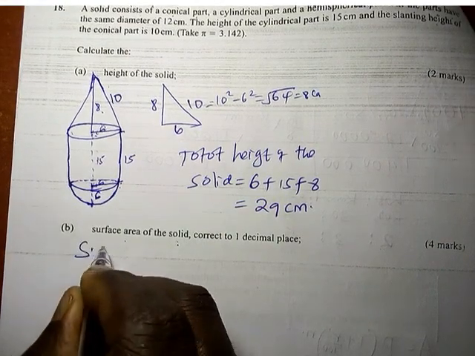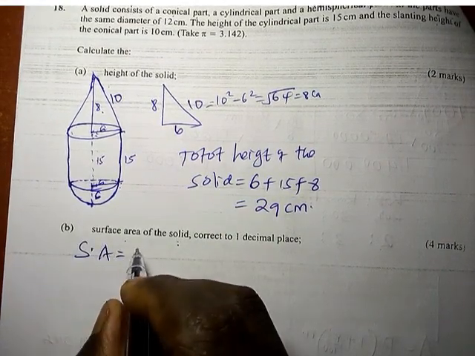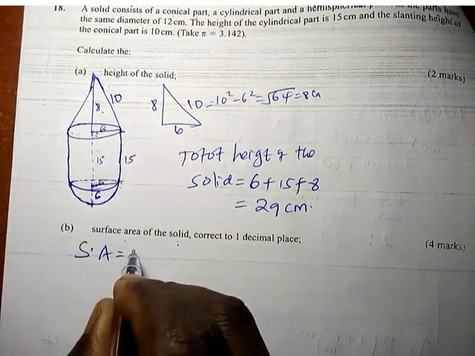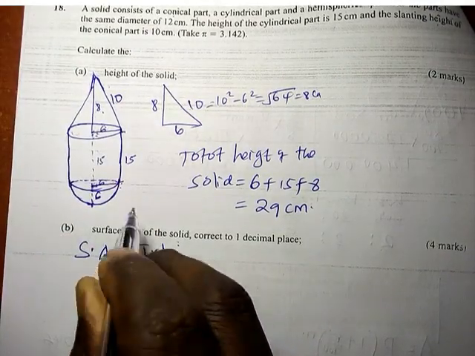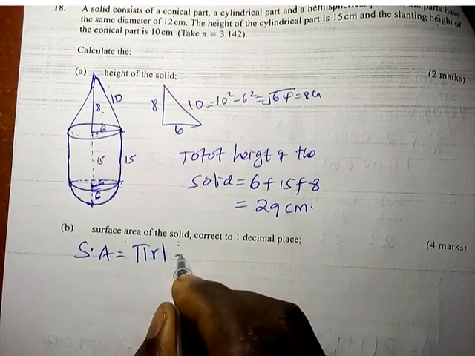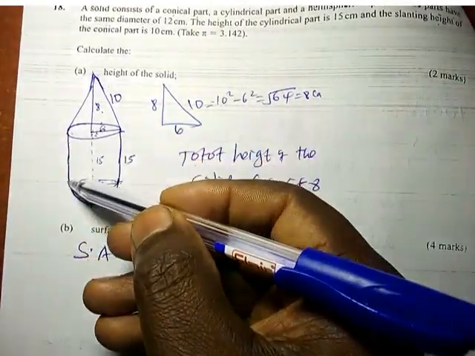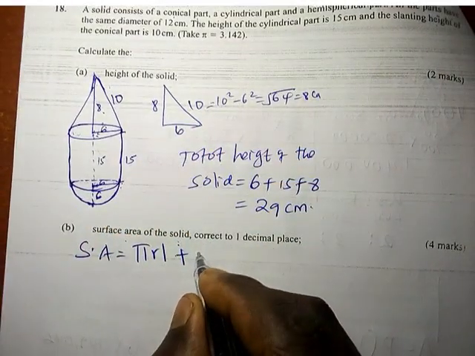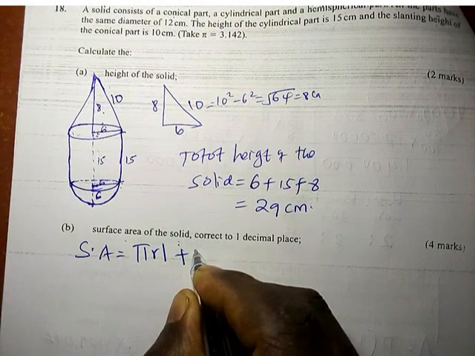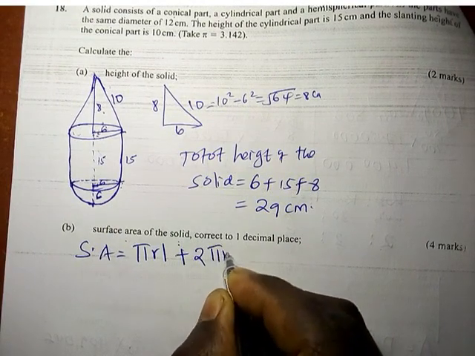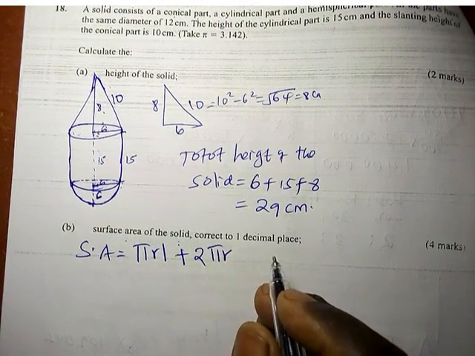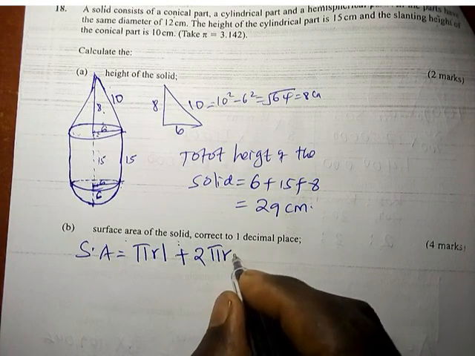So surface area is equal to, nitaka kuanza na ya conical flask itakuwa pi RL, hiyo ni curved surface area. Then plus the curved surface area of a cylinder, 2 pi r h. That is the curved surface area of a cylinder.